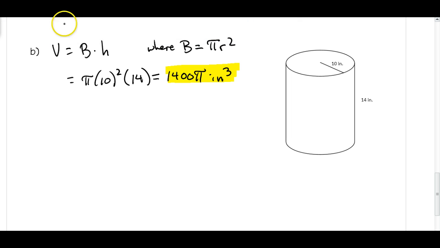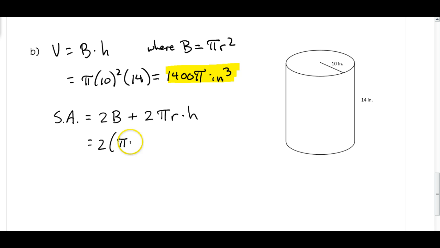And then our surface area. So again, we have a top and a bottom, so it's going to be 2 times the area of the base plus the lateral surface area of a cylinder, which is circumference, 2 pi r times the height. So then I have 2 times pi times 10 squared plus 2 pi times 10 times 14.